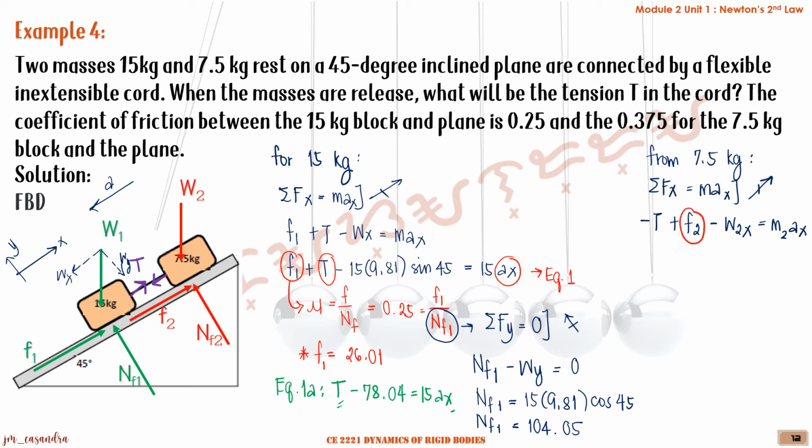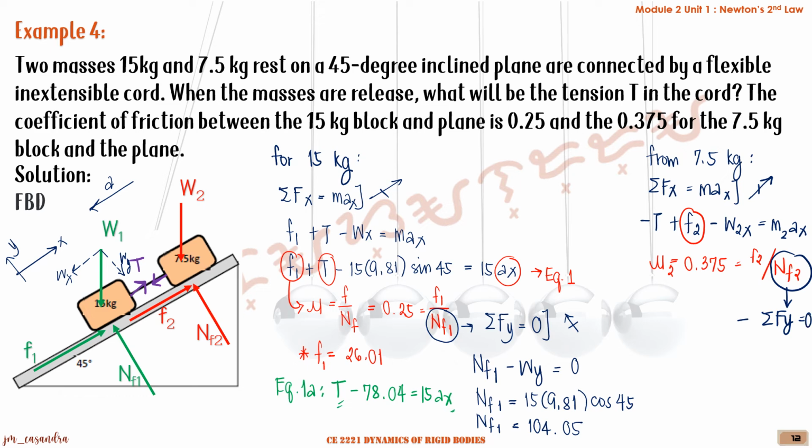So, hindi natin alam again si frictional force. So, this will again come from mu2, which is 0.375 equal to F2 over NF2. So, again, NF2 will come from summation of Fy. So, summation of Fy now is equal to 0.